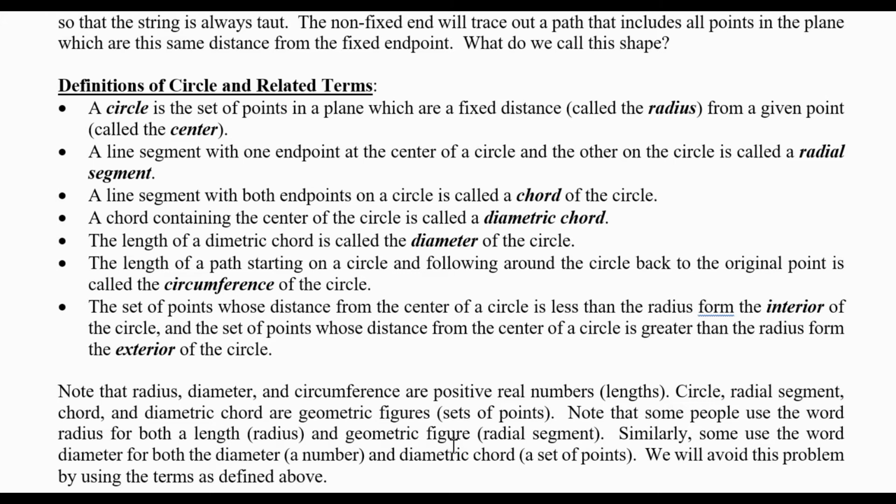Note that it's pretty common that some people use the word radius for both a length, what we call the radius, and also a geometric figure, what we call the radial segment. Similarly, some people use the word diameter for both what we're calling the diameter, which is a number, and a diametric chord, which is a set of points. Of course, the diameter is the length of the diametric chord.